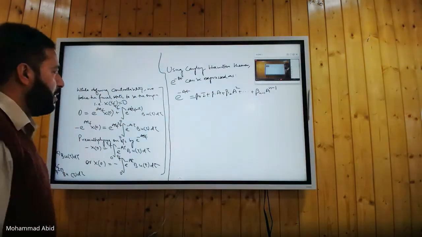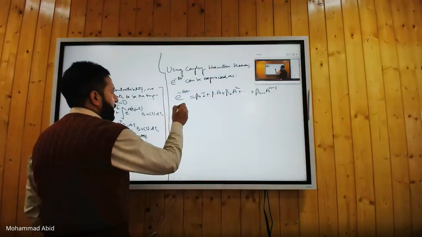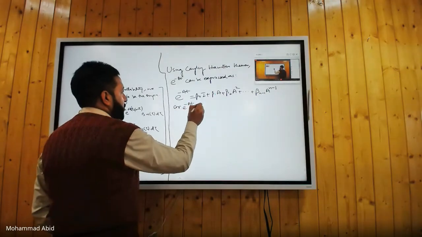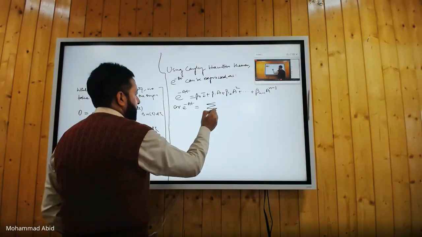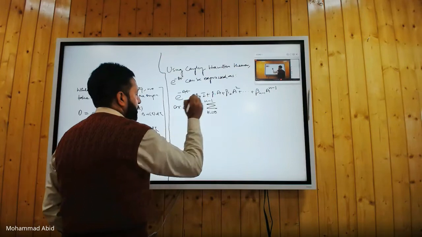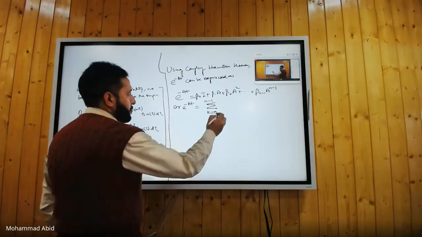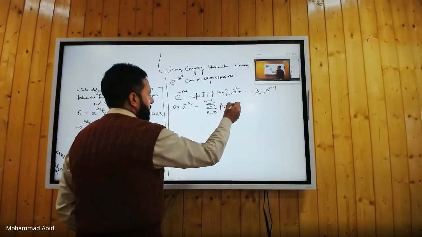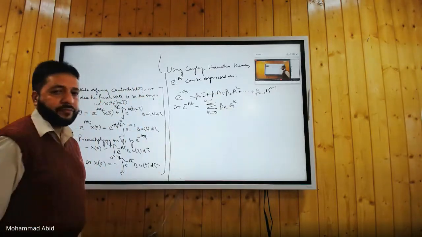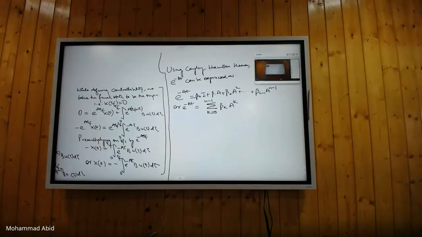Or in short format, e to the power minus At is the summation of k equal to 0 to n minus 1, beta k A to the power k. Is that clear?